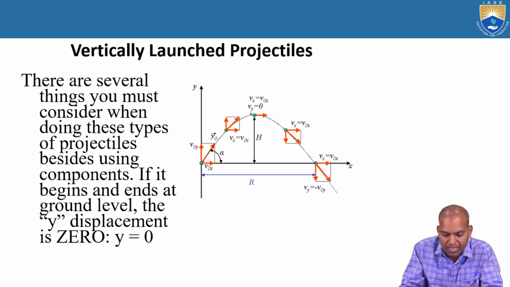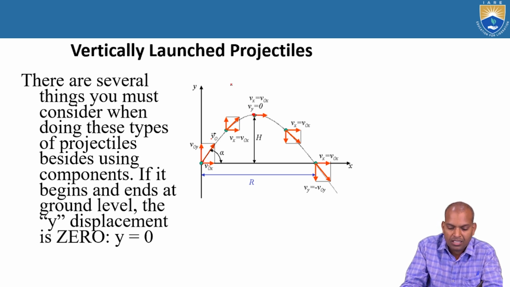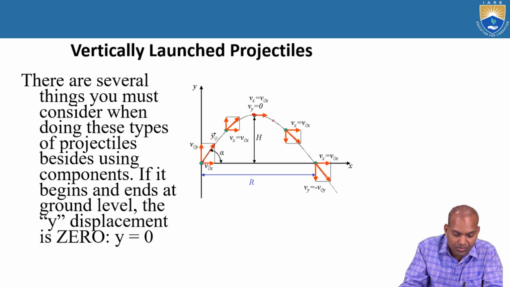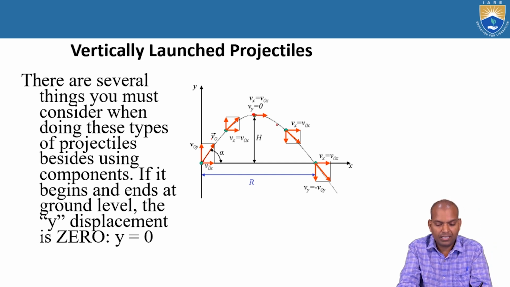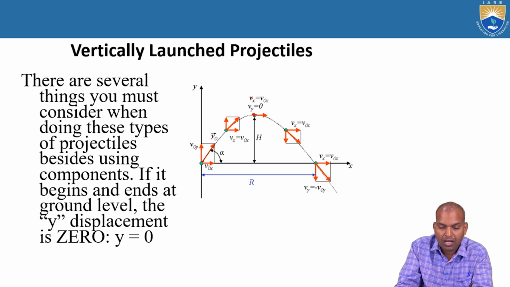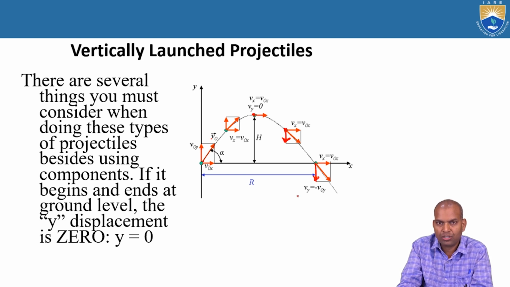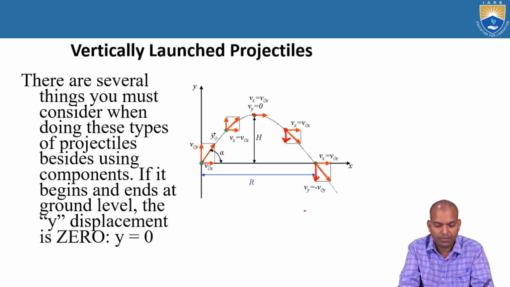Now at the maximum height, Vy equals 0. The vertical component becomes 0 at the top, and Vx equals V0x. At this point, what about the vertical component? It is again increasing. Finally, when it reaches the ground, Vy becomes V0y in the negative direction.